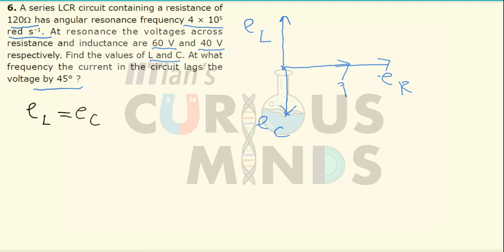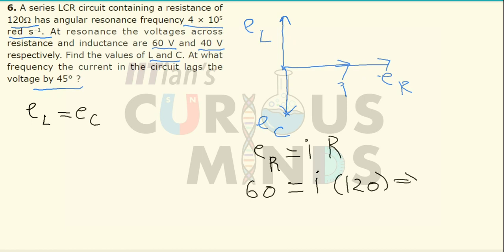Over here, ER, the voltage across the resistor, is given as 60 volt. So ER will be equal to I into R. So 60 volt will be equal to I, which is unknown, into the resistance, given as 120 ohm.